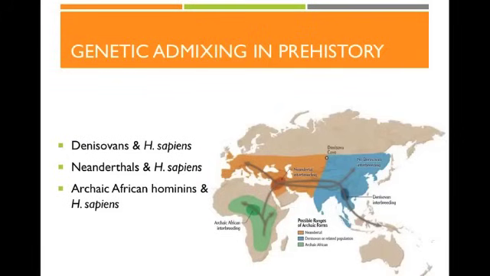So this brings us to one of the most interesting discoveries of the past couple of years, and that is the fact that Homo sapiens have mixed their genes multiple times with different hominin groups as we've encountered them on the landscape.